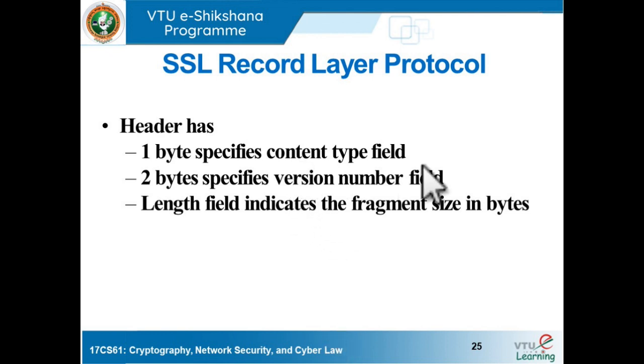Two bytes of data are used to specify the version number field. Finally, we have another field which specifies the length of the fragment in bytes. These are the 3 fields which are present in the SSL record layer protocol header.